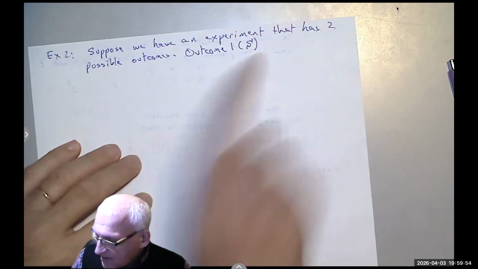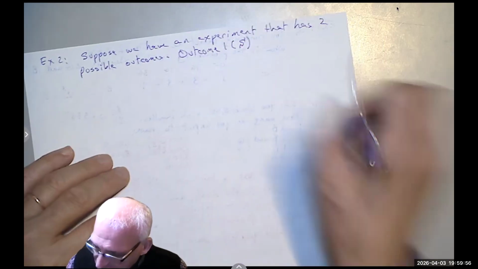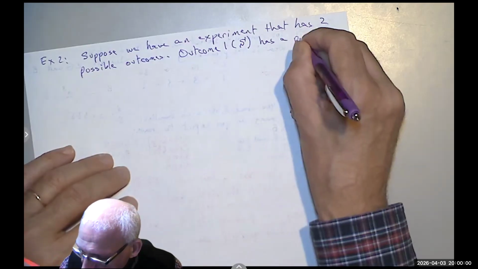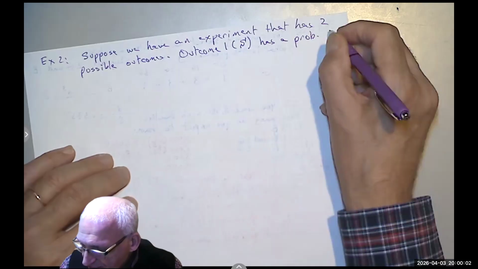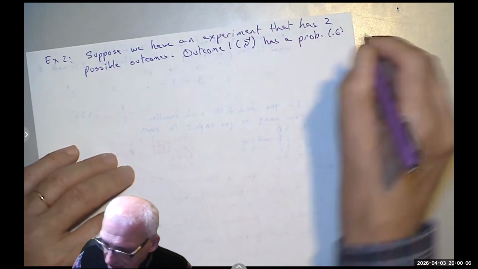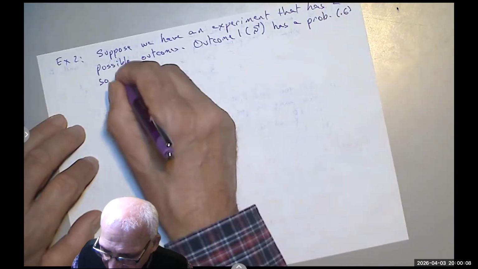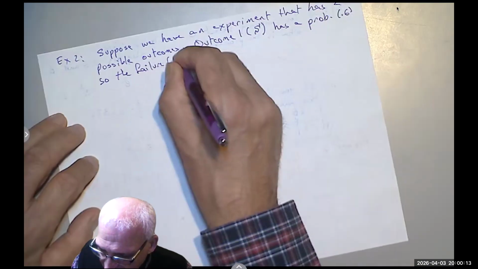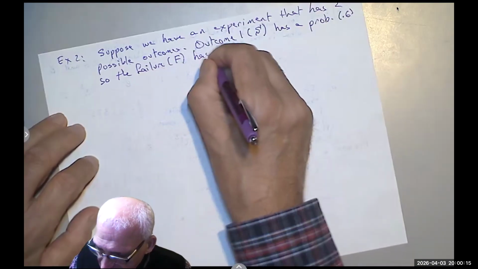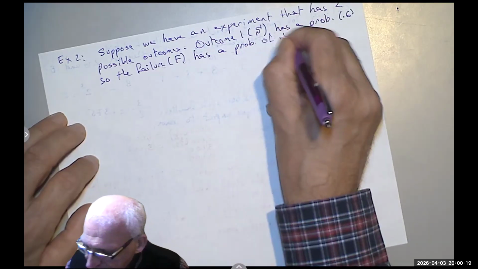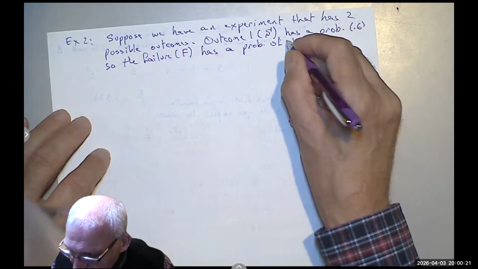So let's say outcome one, which is a success, has a probability, let's make some number, let's say 0.6. So the failure F has a probability of 0.4, right? They have to add up to 1.